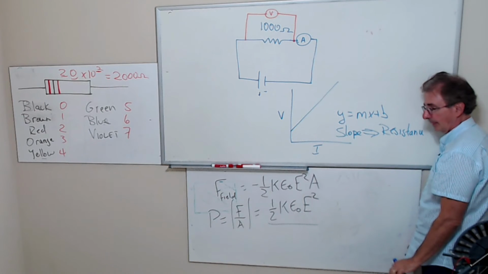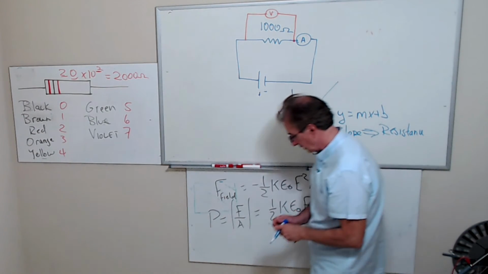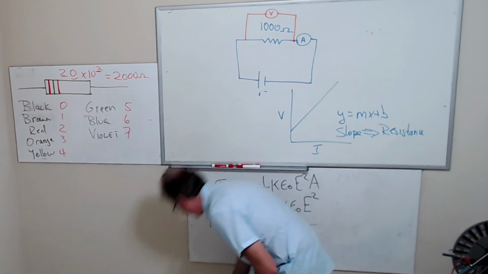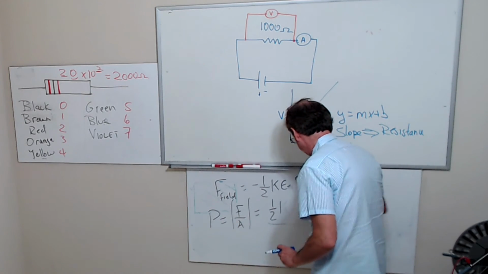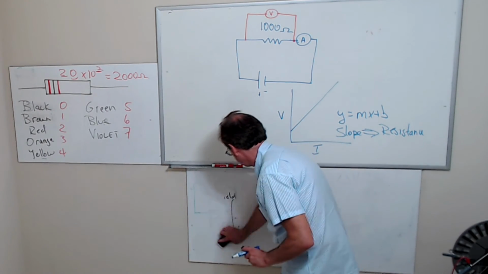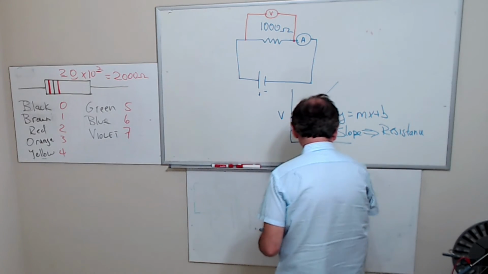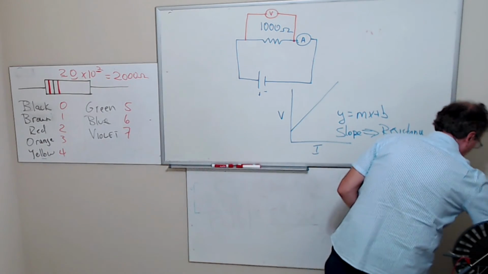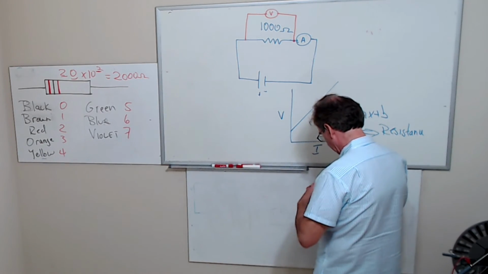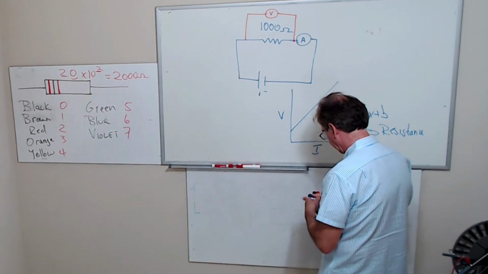So let me ask you a question. I determine the slope. And I ask this all the time, even in Physics A. Those of you in Physics A with me know I ask this question all the time.